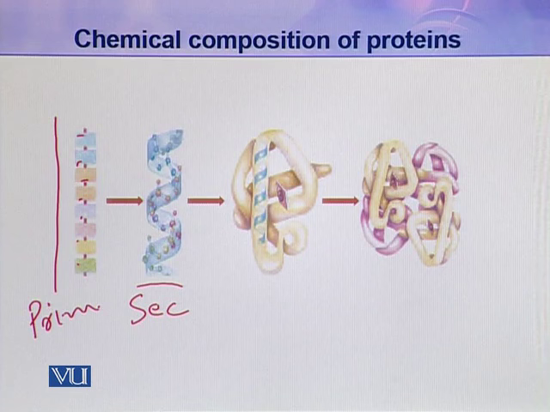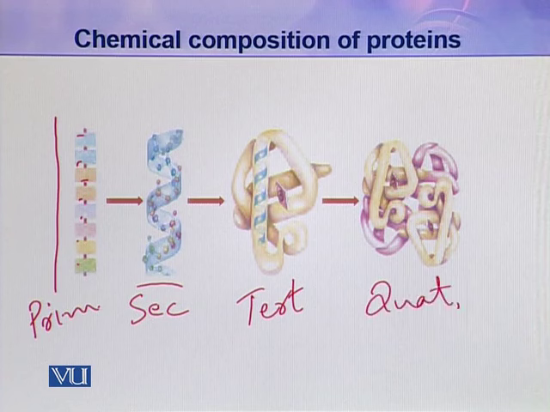After secondary organization, further organization takes place in the polypeptide chain, and it forms the tertiary organizational level. And now we can call this polypeptide a protein. And in some other proteins, this tertiary level goes beyond and makes the quaternary level. So these are different levels of organization in a protein molecule.